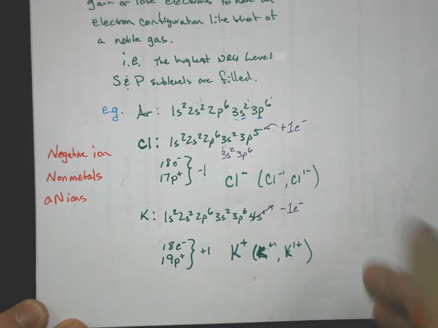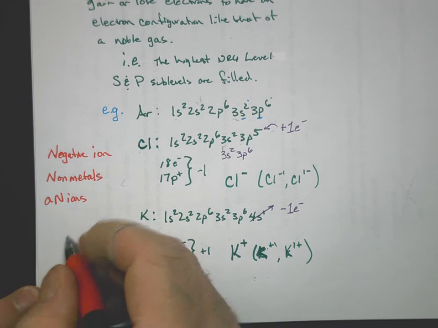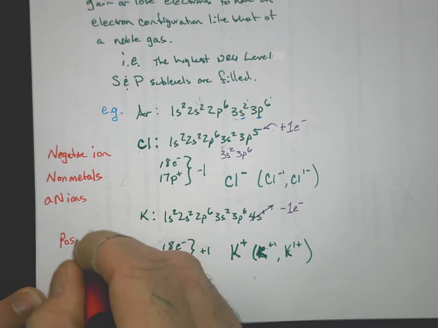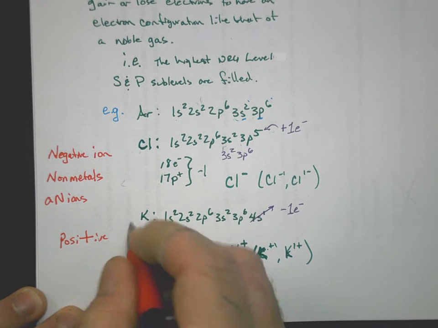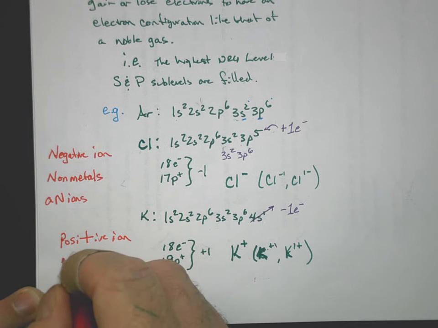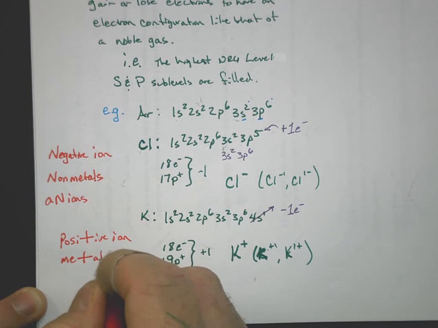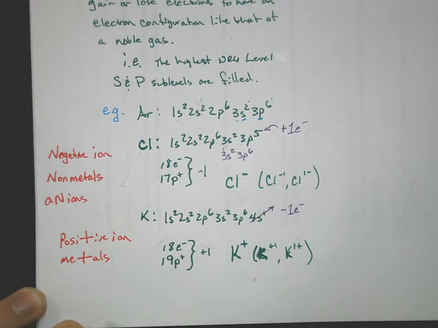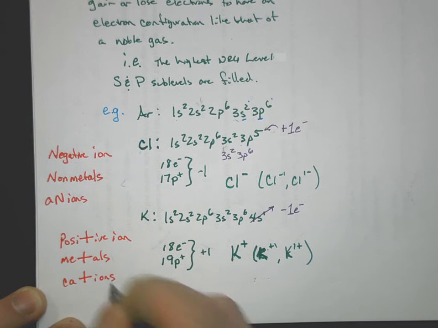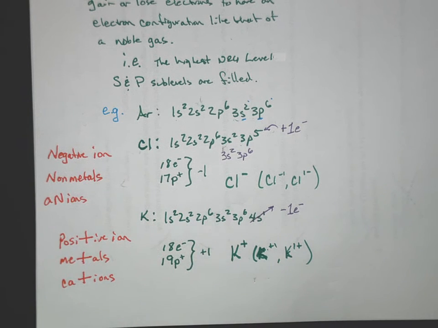These guys over here are positive. Positive ions come from metals in general, and these are called cations. Now, they are not called "cay-tions."